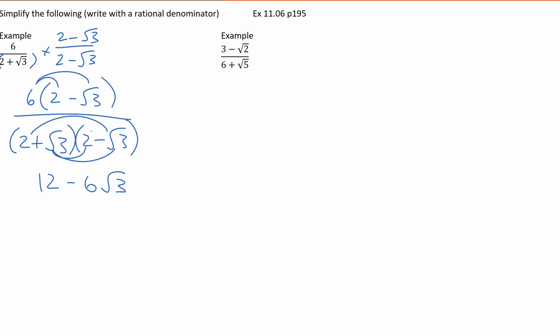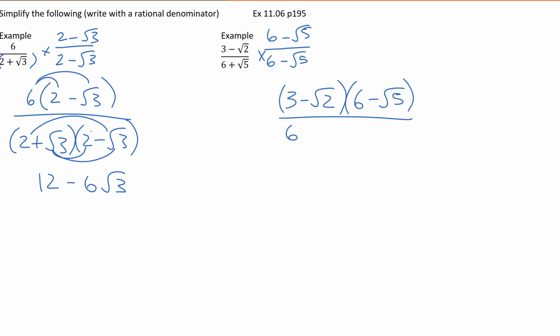Okay, so trying to rationalise the denominator. What am I going to do here? Times it by its conjugate, and the conjugate is 6 minus root 5. 6 minus root 5. Right, so that now becomes, do it over here because of the crack in the screen. That times that divided by, happy with that?